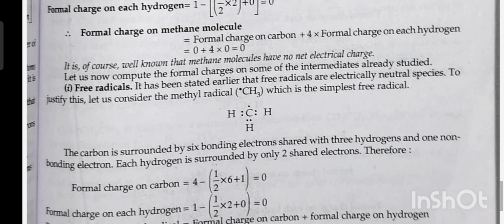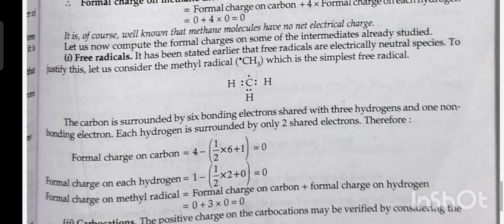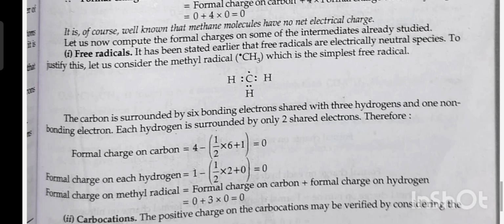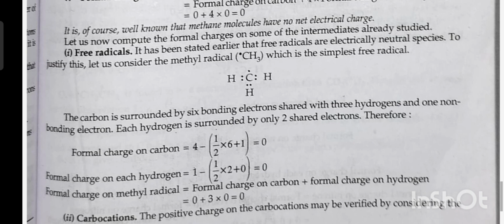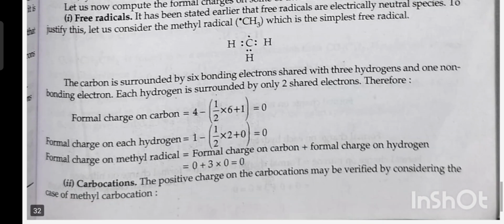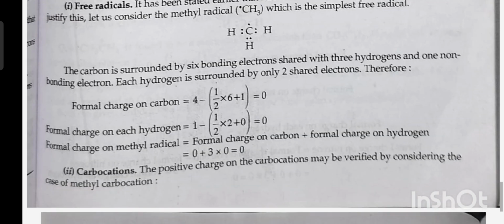Let us now compute the formal charge on some of the intermediates already studied. First, free radical. It has been stated earlier that free radicals are experimentally neutral species. To justify this, let us consider the methyl radical CH3 dot, which is the simplest free radical. The carbon is surrounded by 6 bonding electrons shared with 3 hydrogens and 1 non-bonding electron.